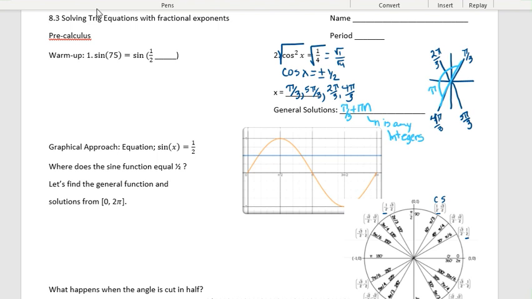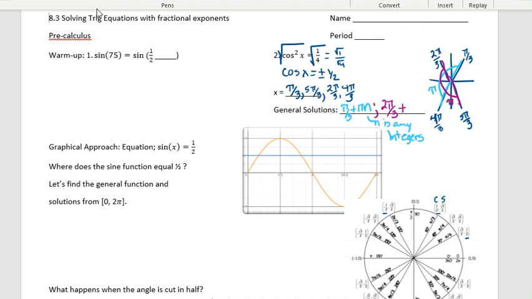There's one more general solution, and it's this. It's the one that's coming down this way, so it's 2 pi over 3 plus, how far is it to get to this side? Well, this distance is also pi units, okay?